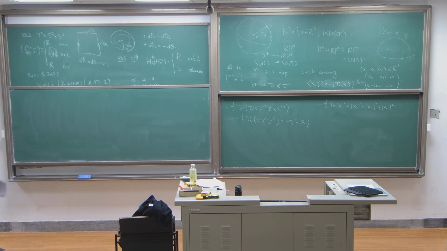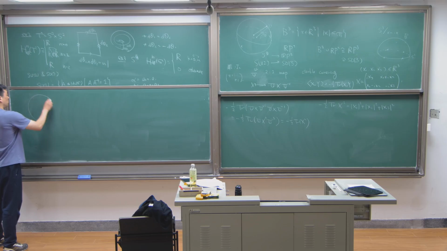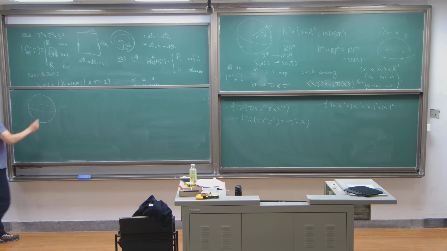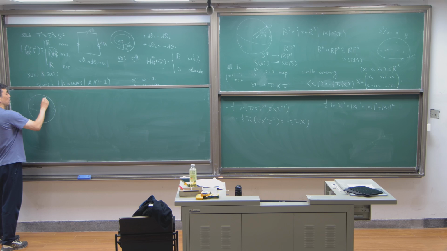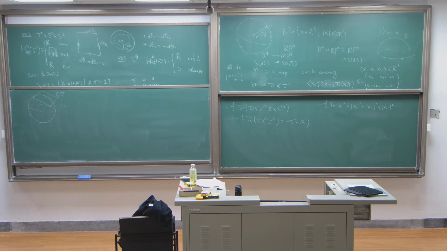And a little bit more. We have learned the concept of tangent space. So this is S3. At each point, you have a tangent space T_P S3. So we can also consider such a tangent space for SU2 or SO3 at the identity element.